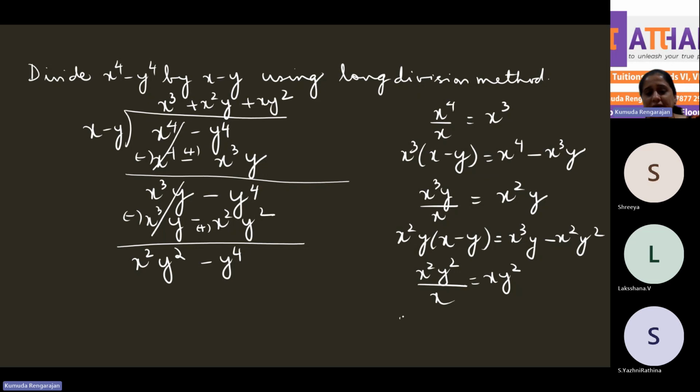Now we need to multiply xy square with the divisor x minus y. Xy square into x is x square y square. Minus xy square into y is xy cubed.